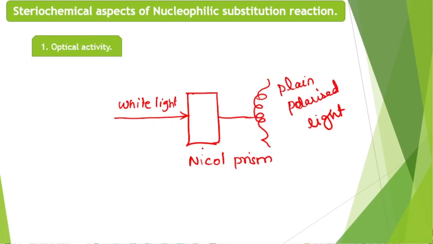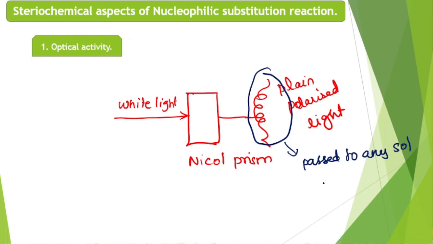Okay, so this light is about to pass through the solution of certain compound. Now this plain polarized light, when it is allowed to pass through any solution, will get rotated.